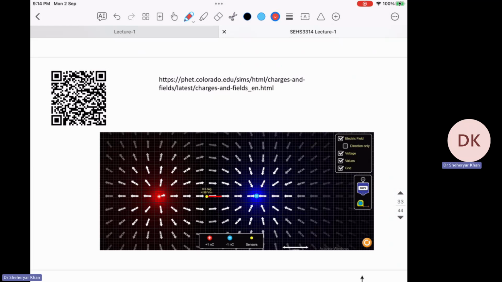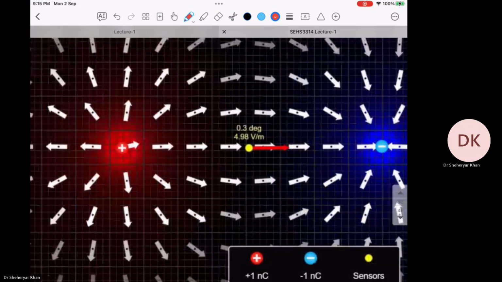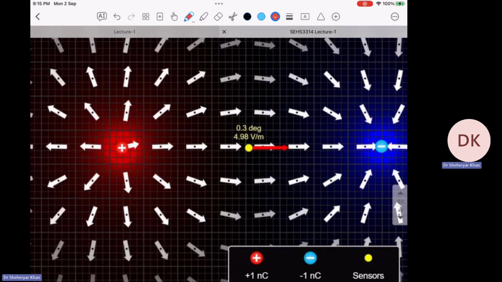You see, I put 1 coulomb charge here and -1 coulomb charge here. So we will have positive to negative field lines. Now, if you place the meter or the sensor at this position, you would see that the amount of electric field is 4.98 volt per meter, right?